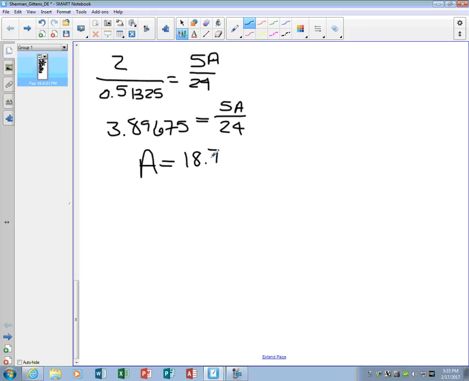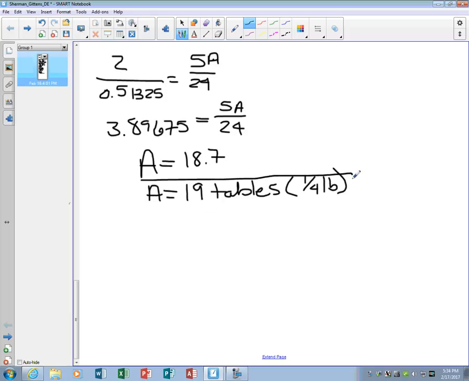I know there's a lot more decimal points after that, but really we're not going to have a half a tablet or 0.7 of a tablet, so we're going to say that that comes out to a equals 19 tablets. Make sure we let them know that's quarter pound tablets. So that's the answer I got.